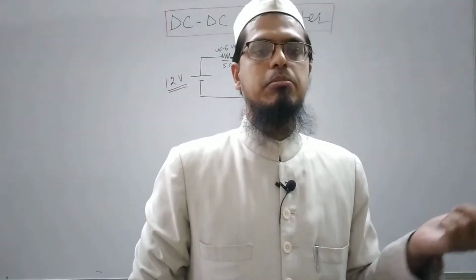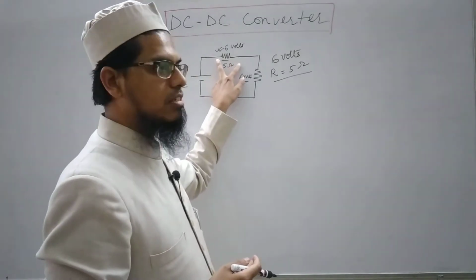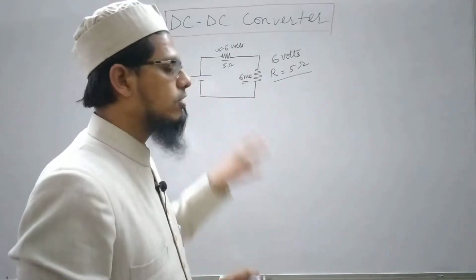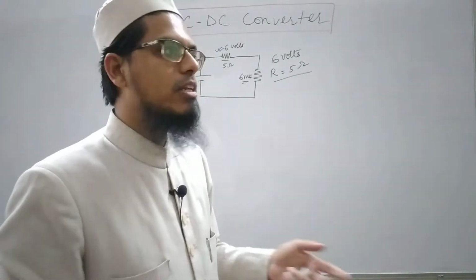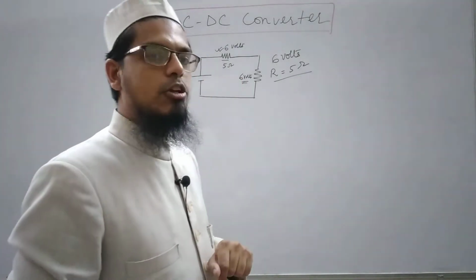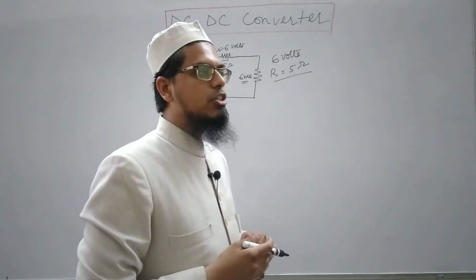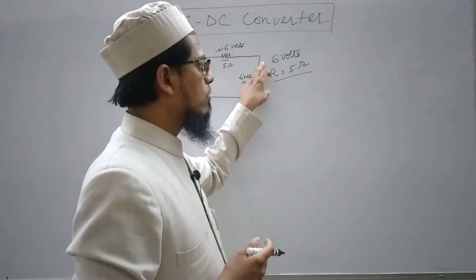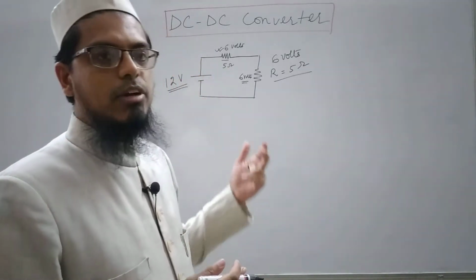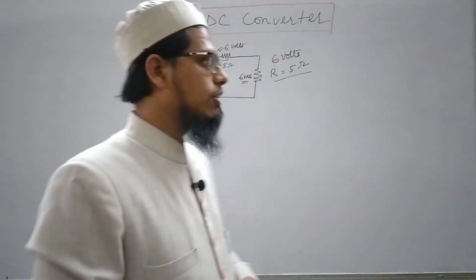Almost half of the power will be lost in this resistor, and that will be a useless loss. Losses are themselves useless. So we have to think of some other way by which we can obtain 6 volts here, and the power loss that otherwise is happening here is avoided. So how can we do that?